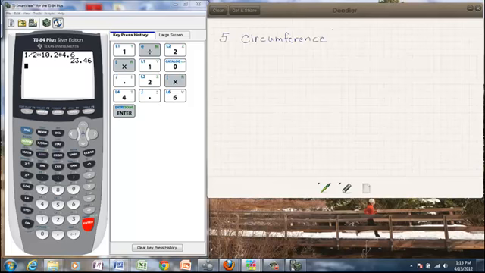Now if you don't know those formulas, there is a place in the back of the book with geometry formulas. Eventually we'll have to memorize these, but for right now, if you've forgotten them, the formulas for the circle are on page 300.